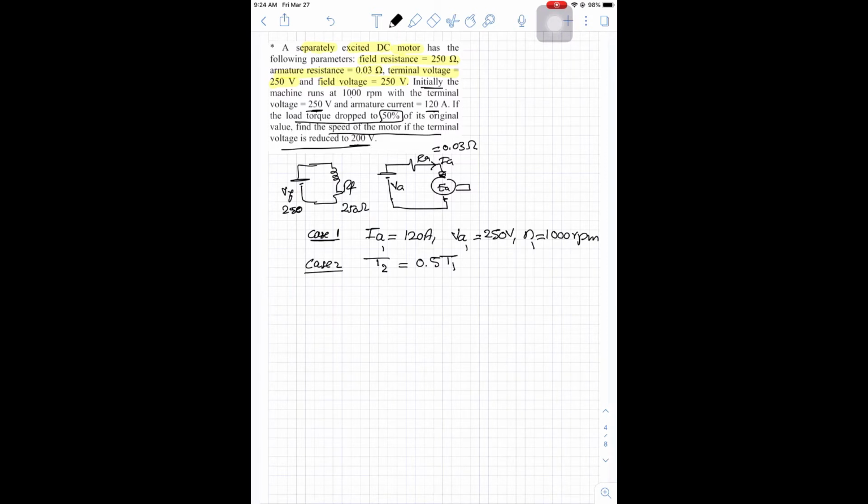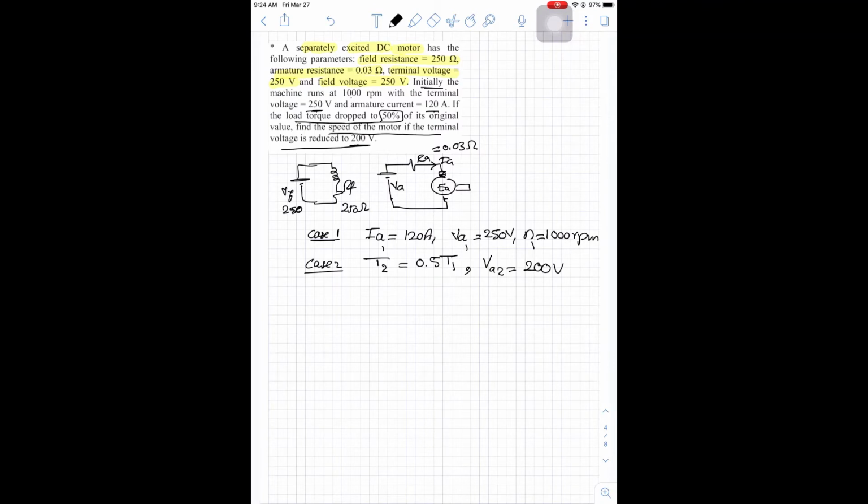So in case 2, we changed the armature voltage. Changing the armature voltage means we are doing armature voltage control, or we are controlling the speed using armature voltage. So in this case, we have V armature 2 equal to 200 volt. These are the given data which we need to use.